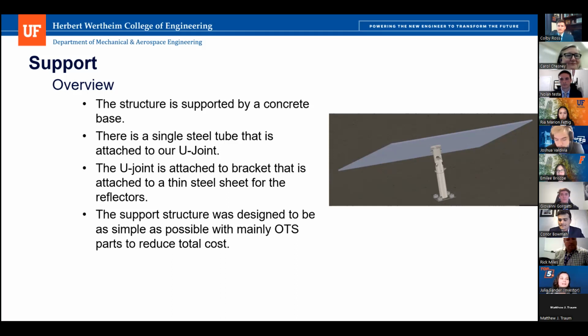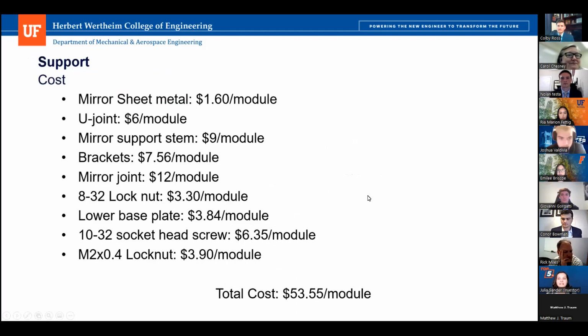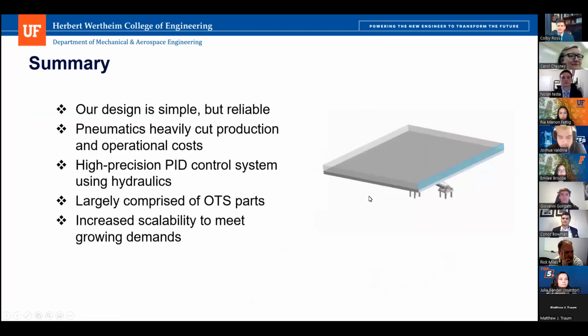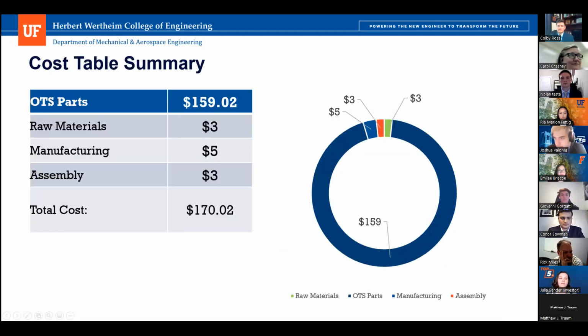Hey team, I'll jump in now. Can you take me back to the overall cost slide, please? Okay, first off, when you say manufacturing and assembly, that's the labor costs, I'm assuming? Correct.